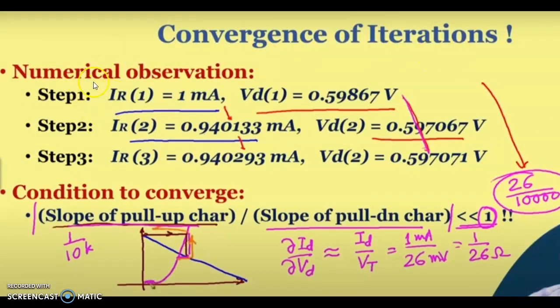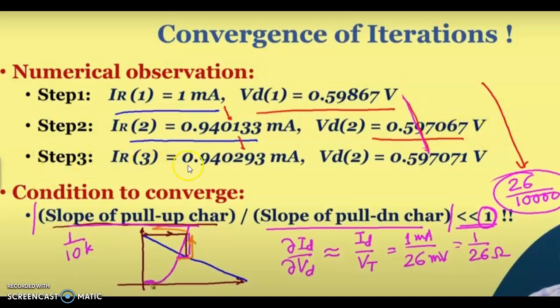Convergence of iterations, numerical observation. Step 1: IR1 equals 1 mA, Vd1 equals 0.59867 volt. Step 2: IR2 equals 0.94013 milliamps, Vd2 equals 0.597067 volt.